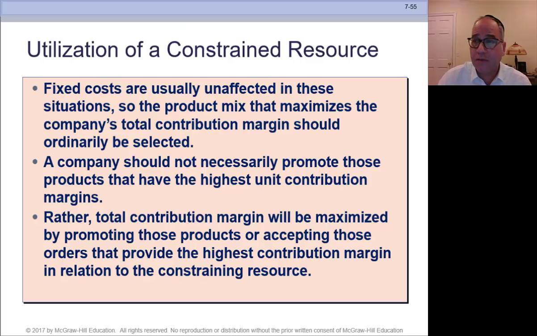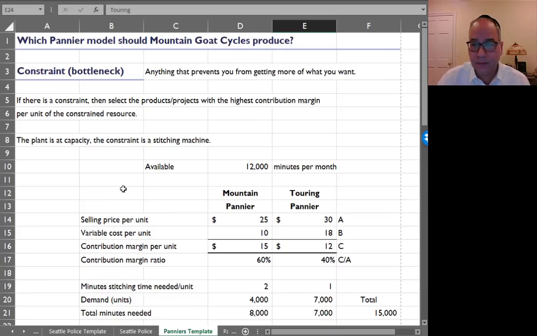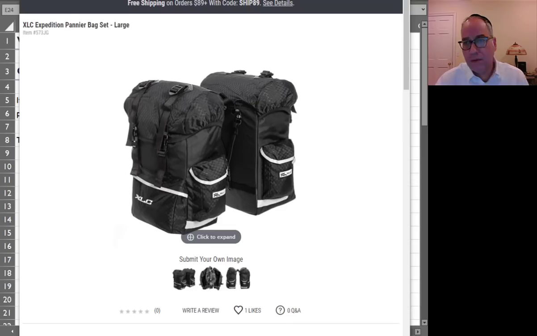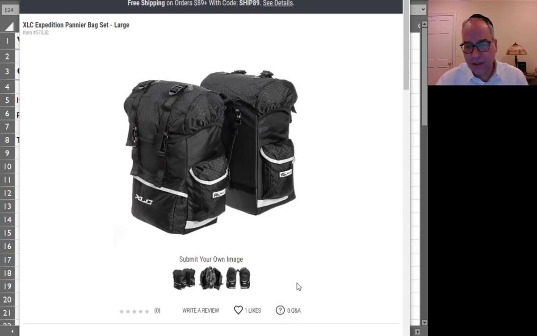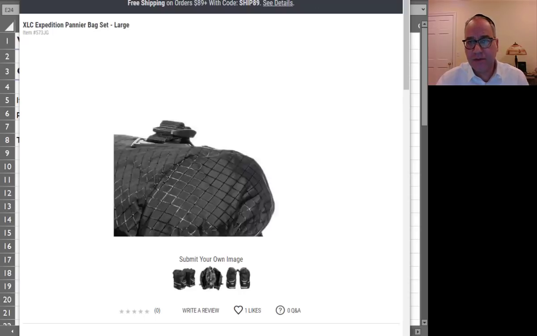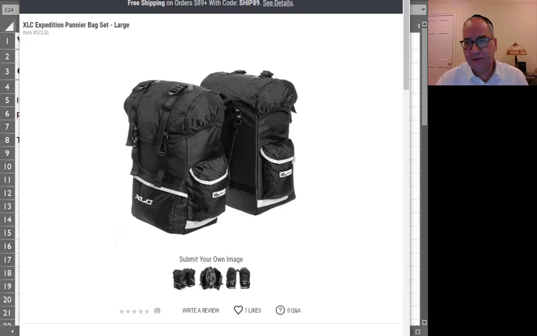So let me give you an example of how this works. We're making panniers. I never knew what a pannier is, and a pannier is apparently a saddlebag. Here's some examples. So you see there's a bag on each side that you hang over the back of the bike, and then people buy these things.